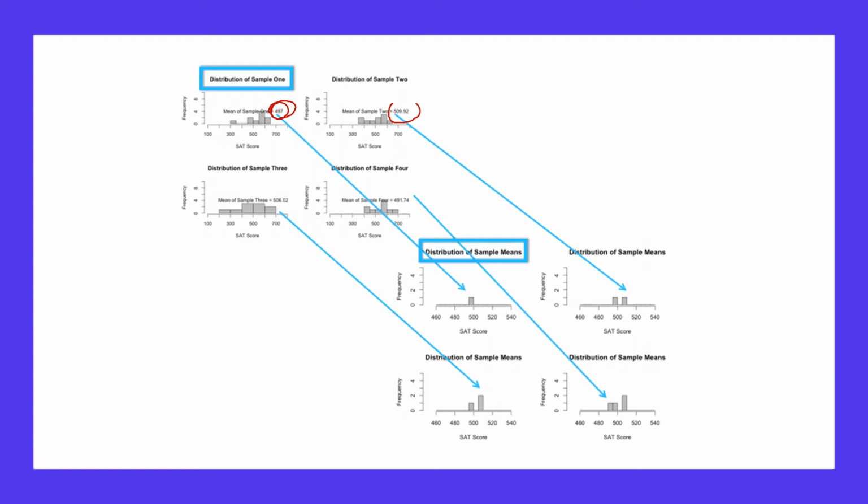Then they said, okay, here's the distribution of sample means. They found the mean, which is this 497, and they plot it. This is the mean from one. Then they put the mean for the other one, which was about 510, so you can see it's a little bit higher.